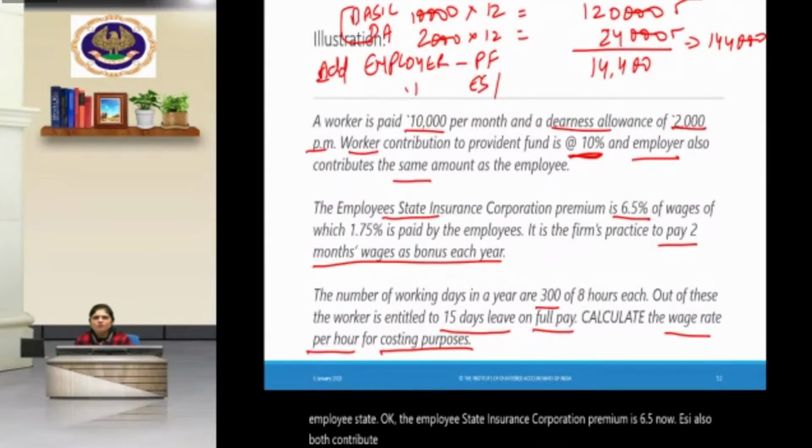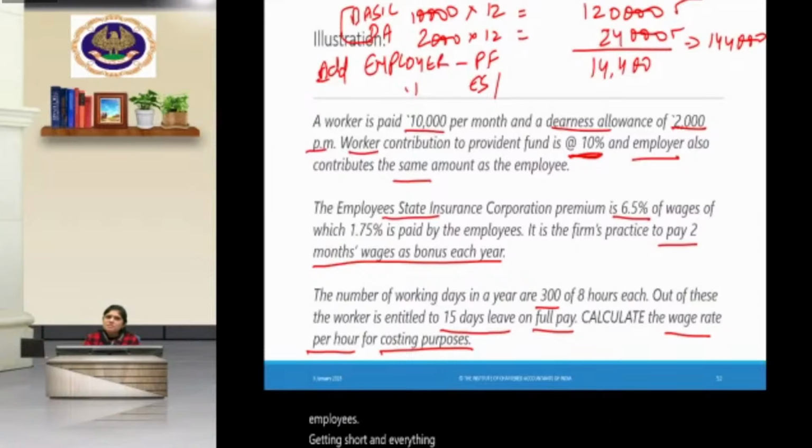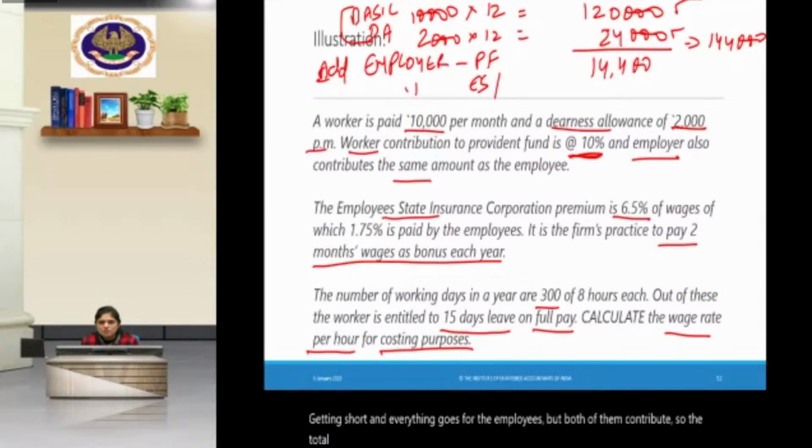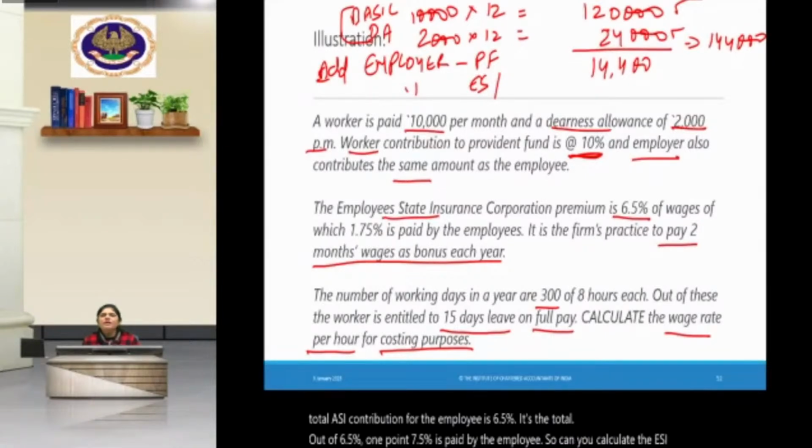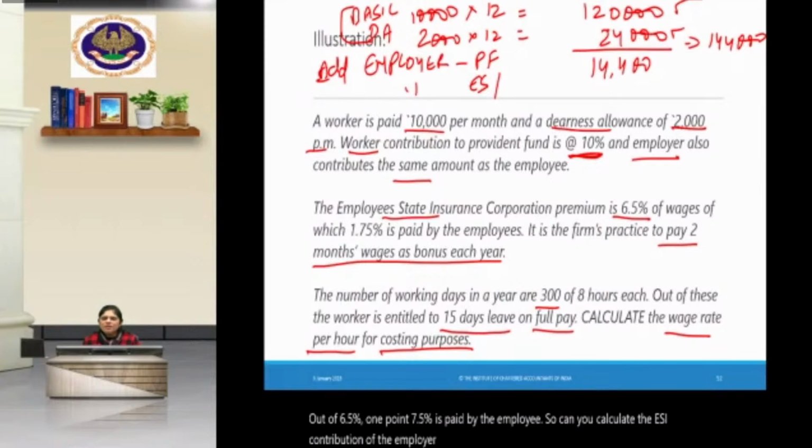The employer also contributes and the employee also contributes. Everything goes for the employees, but both of them contribute. So the total ESI contribution is 6.5%. Out of 6.5%, 1.75% is paid by the employee. So can you give me the amount of ESI contribution of the employer?